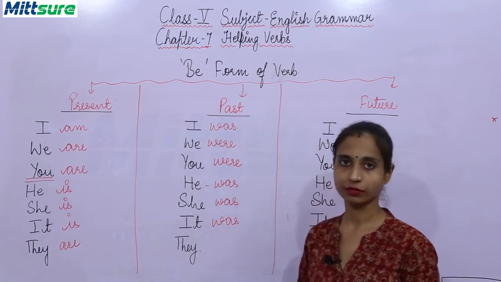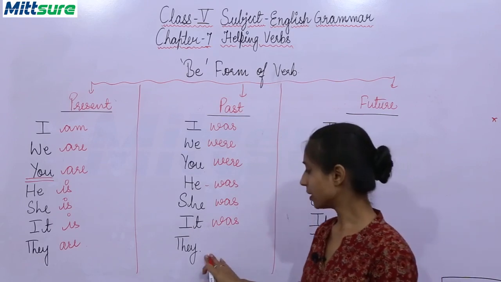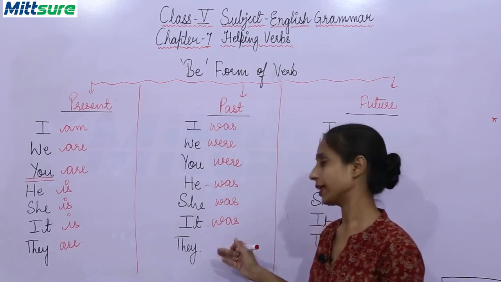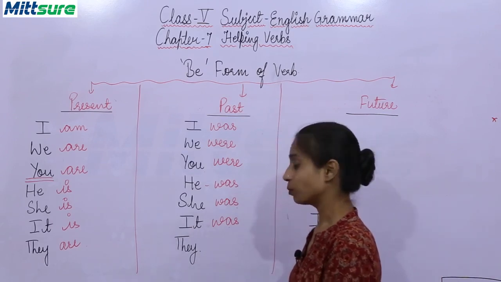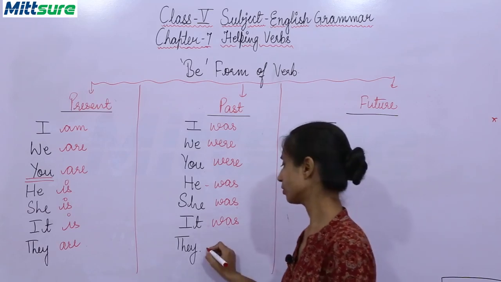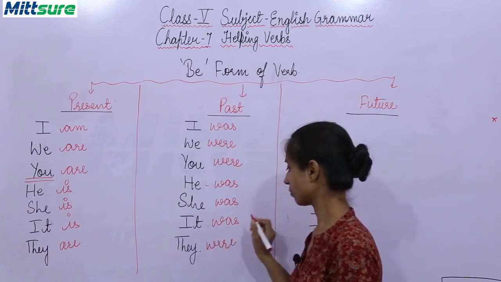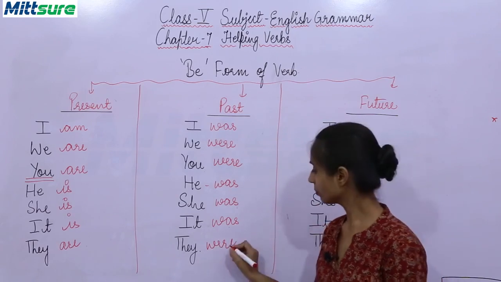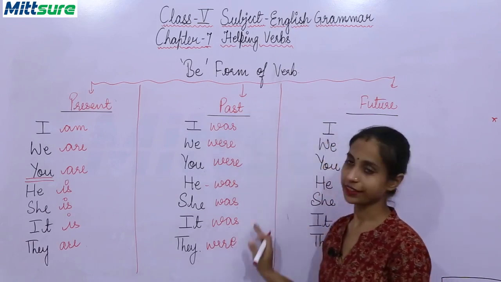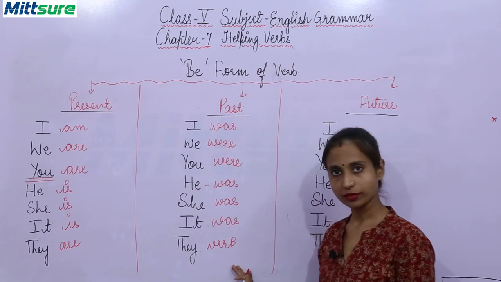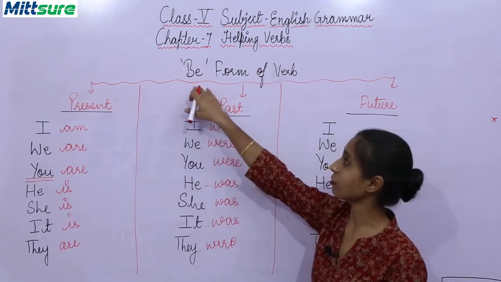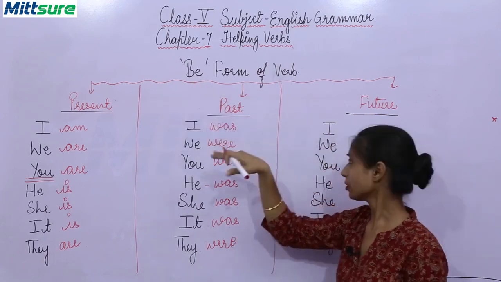It was. And with they, it is a plural third person pronoun, they were. Clear to you? This is the past tense of be form of verb.